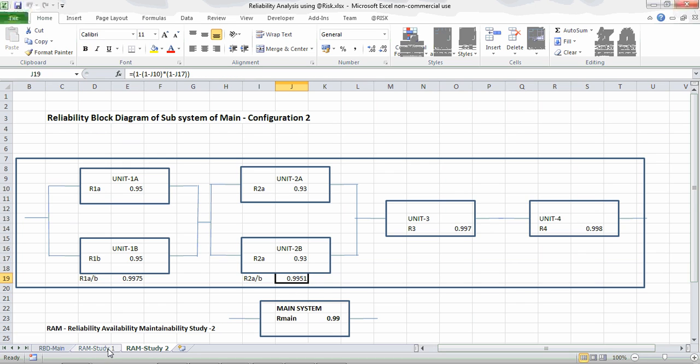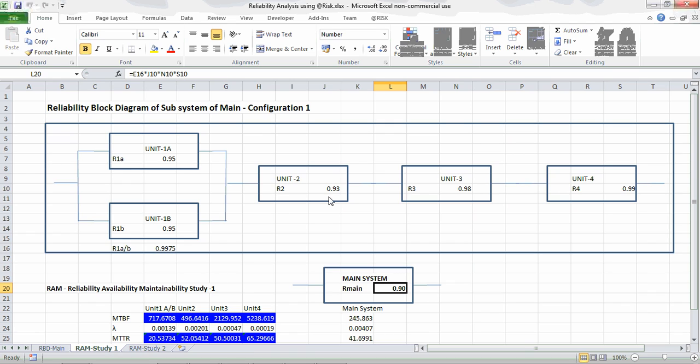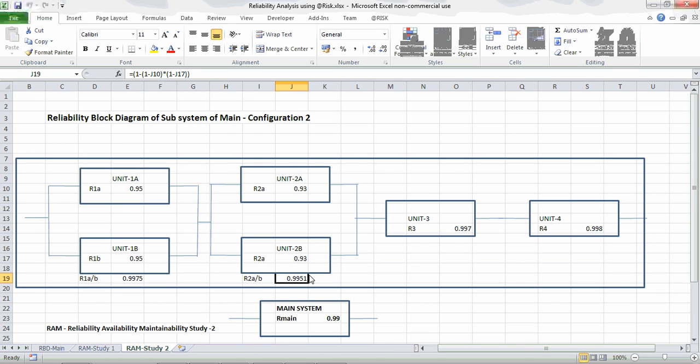If you compare with the previous one, it's about 0.93 estimate to 0.9951, because you're adding redundancy to the system. The unit 3 reliability is 0.997, unit 4 0.998. The total reliability works out around 0.99. So it's the multiplication of reliability R1AB, R2AB, R3, R4. You can see it in this formula.